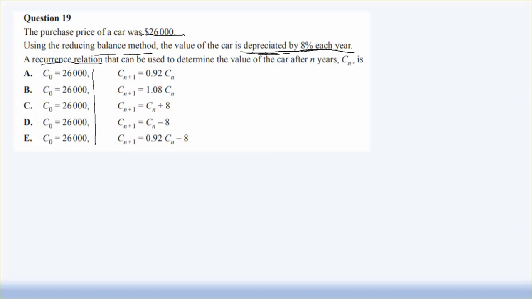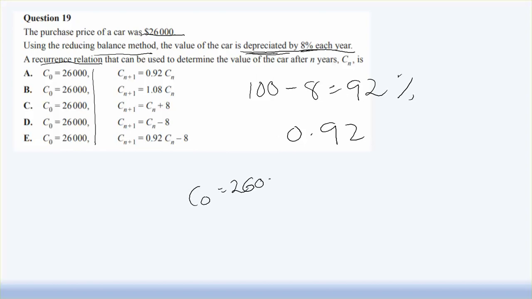So each year your car is worth 92% of what it was last year. So 100 minus 8 is 92%. I need that as a decimal. So it'll be C0 equals 26,000. The next value equals 0.92 times the previous value. So our answer is A.